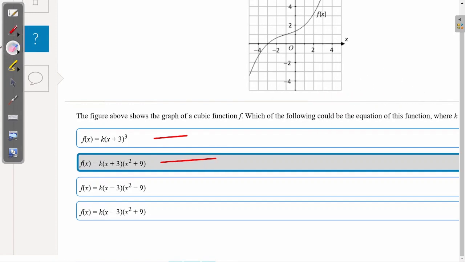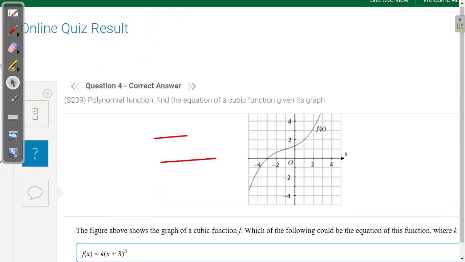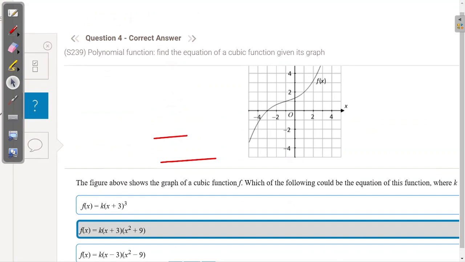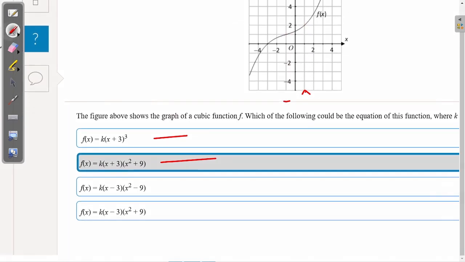So if you want to know which one's correct, just substitute with easy points on the graph. Okay, there's -1, 1 I think. Yes, okay, and 1, 2. Use these 2 points to substitute. Substitute in this equation first.